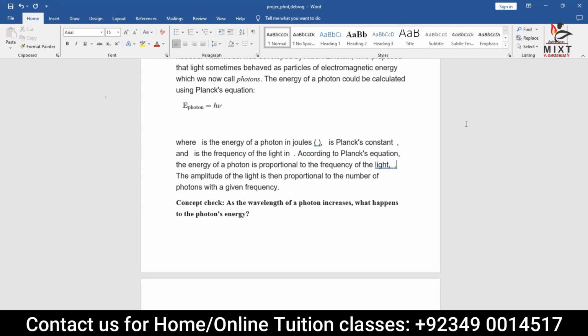H is Planck's constant. And f or mu, it's written mu by the way, but you can write f as well if you have problems writing this sign. And f or mu is the frequency of the light.